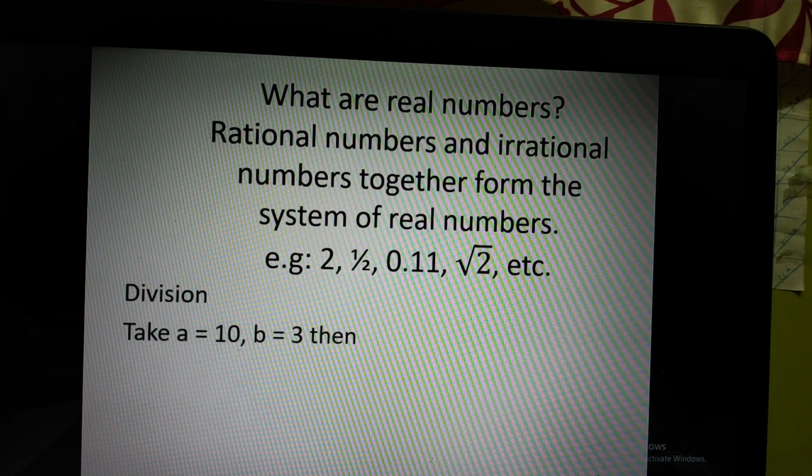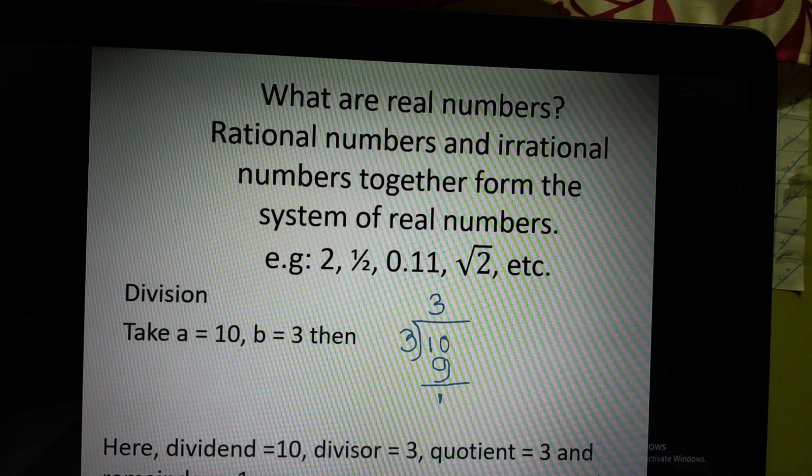So when 10 is divided by 3, we perform like this. 3 3s are 9, the quotient is 3 here, and the remainder is 1. So in this division, a is known as dividend, b is known as divisor, that is 3, quotient is again 3 here, and remainder is 1.